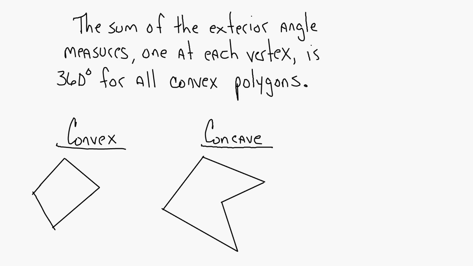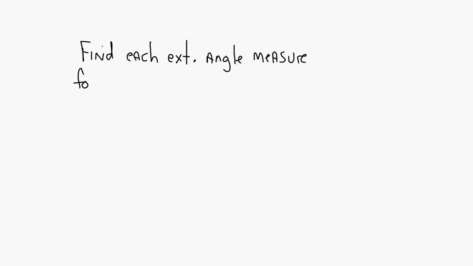Alright, so let's get back to what you're going to be doing today. First part of the assignment, you're going to be asked to find each exterior angle measure for the following.